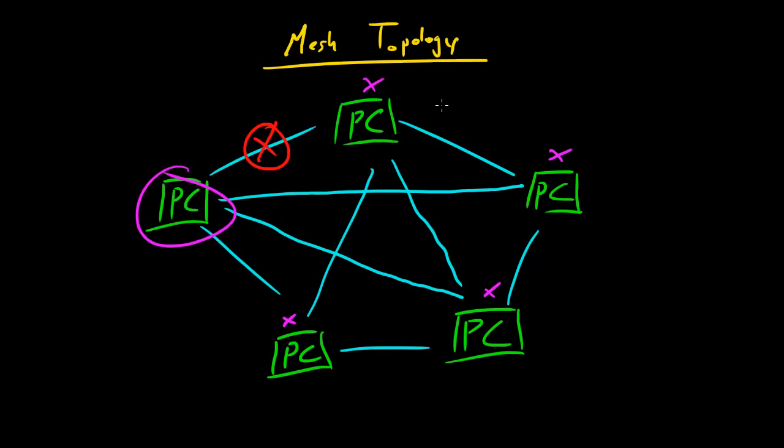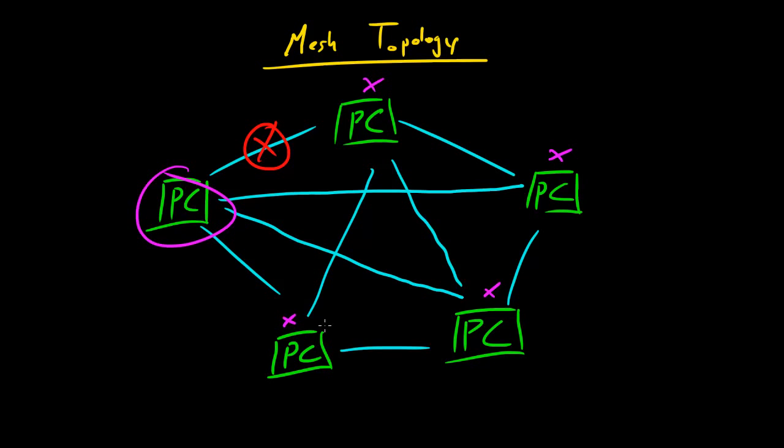Now, another thing is that maybe you had another PC and it's connected to the system, it would get more complicated. It's actually beneficial for some reason, and that is because more nodes equal more communication paths. So let's say that this cable went out right here, and also this PC went out right here, so the data couldn't go from here.